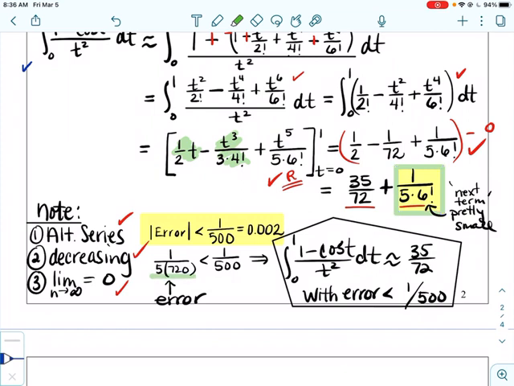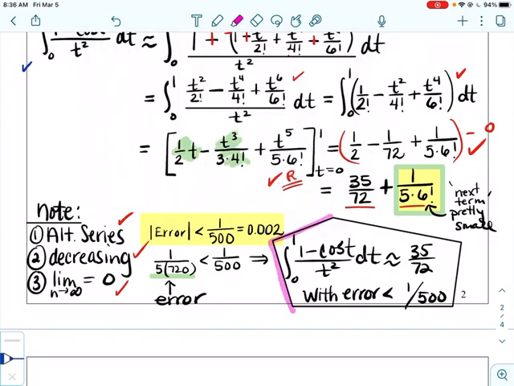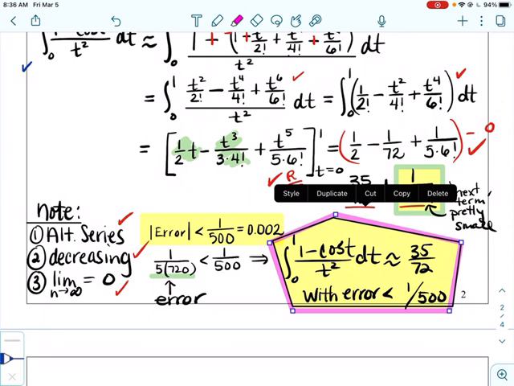So in that case, then it's definitely going to be less than 1 over 500. So we know then for our answer, we know that the integral from 0 to 1 of cosine is going to be approximately 35 over 72, and with an error of less than 1 over 500.